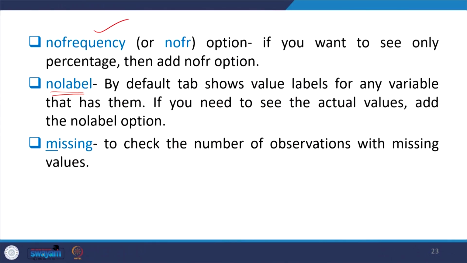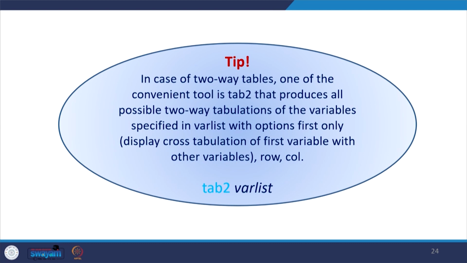Missing: to check the number of observations with missing values, the missing option can also be added. That will give you missing values. In case of two-way tables, one convenient tool is tab2, which produces all possible two-way tabulations of the variables specified in the variable list, with options.